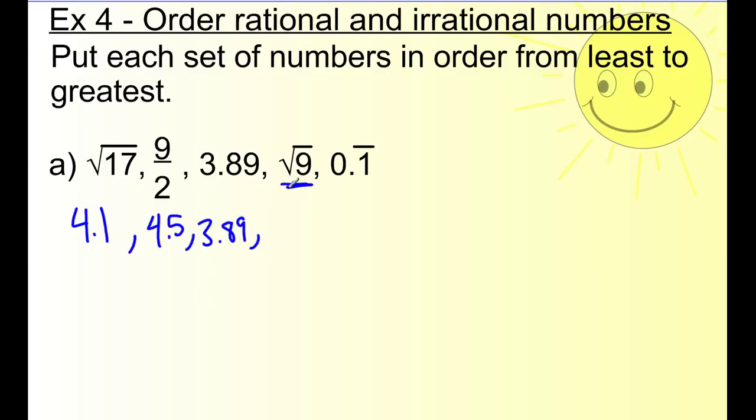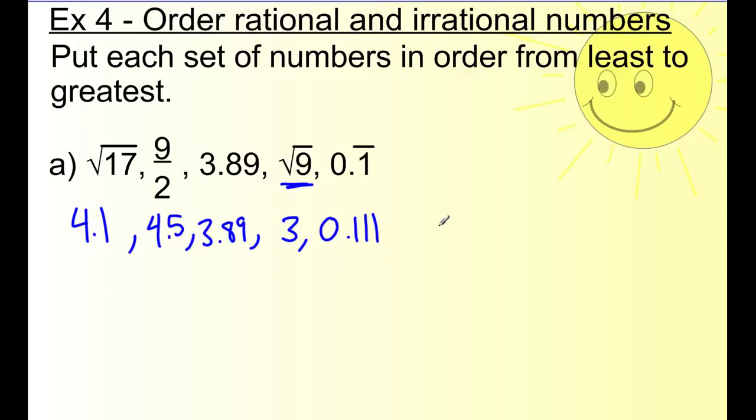Square root of 9 is 3. That's from our perfect squares we did at the very beginning of the lesson. And 0.1 repeated is just 0.1 repeated, 1, 1, 1, 1, 1. So now you have all your numbers as decimals.